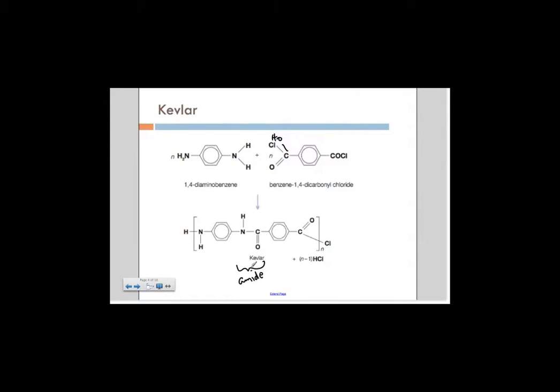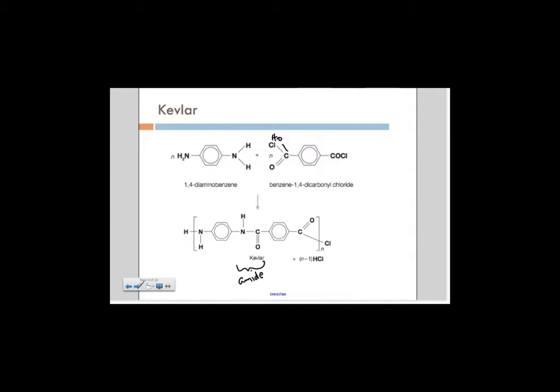That's the functional group that's present in Kevlar. The key features that give Kevlar its strength is the fact that we have these benzene rings and we have them in this 1,4 orientation. So the functional groups are right across from each other, across from the benzene ring.